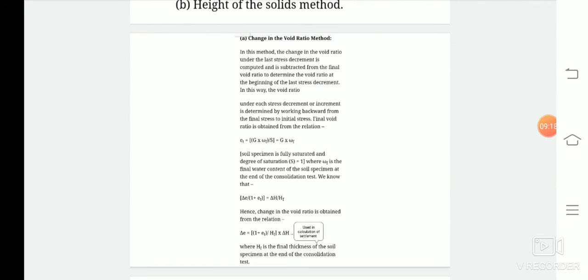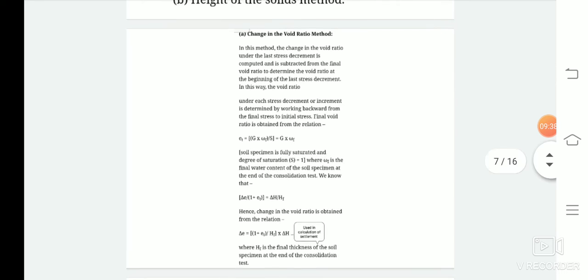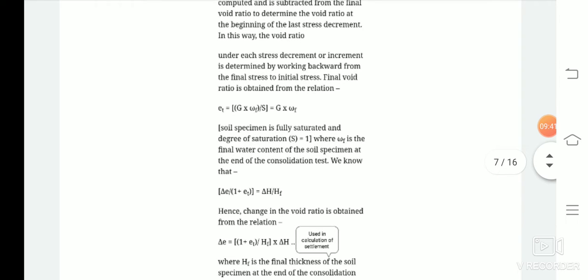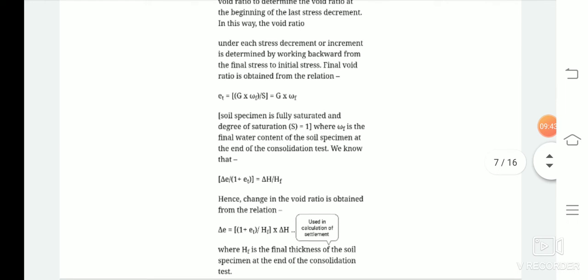What is the change in void ratio method? In this method, the change in void ratio under the last stress decrement is computed and is subtracted from the final void ratio to determine the void ratio at the beginning of the last stress increment. So under each stress decrement or increment, it is determined by working backward from the final stress to the initial stress.